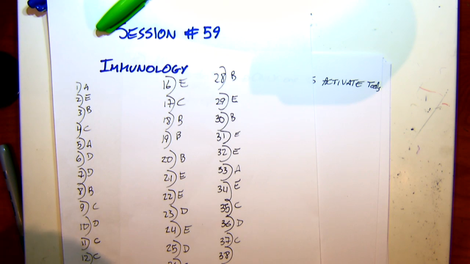So 38, right? It says a T cell that recognizes self-antigen will most likely be rendered anergic because of the presence of B7? No, it's because of the lack of B7. Let me see the wording on this. Will not be rendered anergic because of the presence.